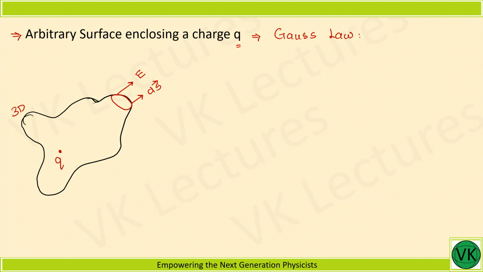Now from this point, if you draw, this will look like a three-dimensional figure. Instead of theta, we can write it as d omega. It looks like a cone.